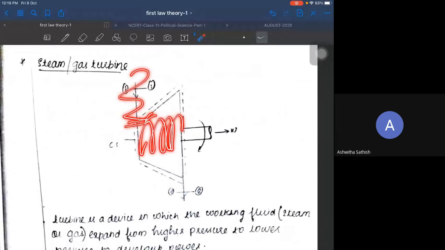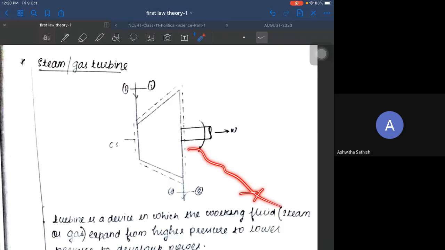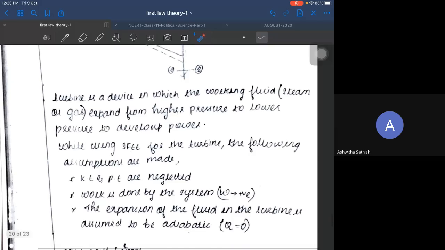The impinging action of the high pressure fluid generates shaft power, that is turbine power, because it has performed work rotating the shaft. The high pressure is lost, so the pressure declines at the outlet. A simple basic description like this is more than enough.